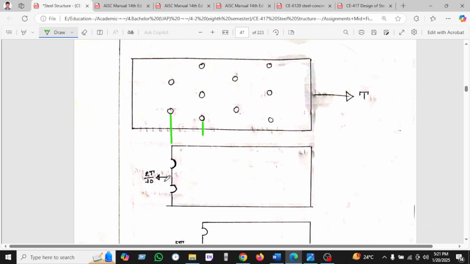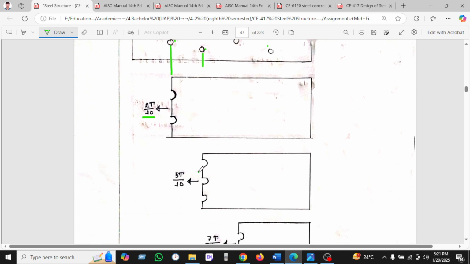The total bolts we have seen are 1 2 3 4 5 6 7 8 9 10, so 10. At first we have two, so 2 divided by 10.